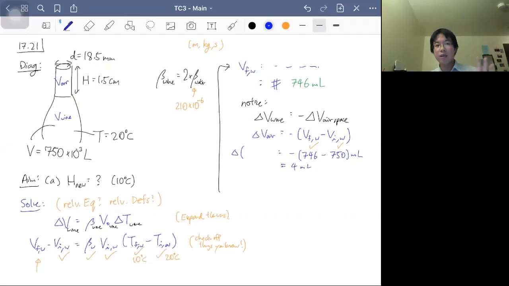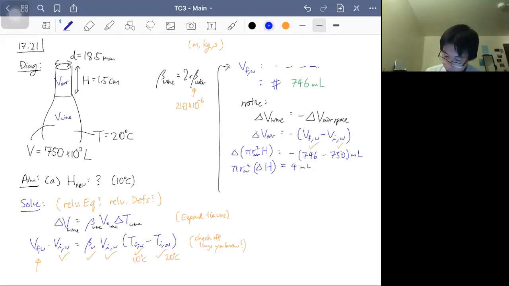Volume of cylinder is the area times the height, right? So pi r squared times the height, that's the base area times the height. So the radius of that air space and the height of the air. The base area doesn't change, the radius doesn't change, or the diameter doesn't change. So you can pull that out of the delta, like this.